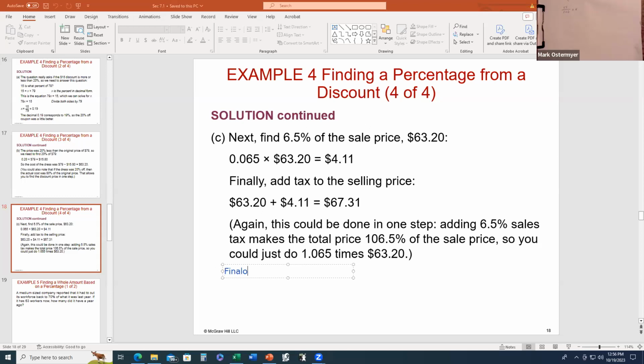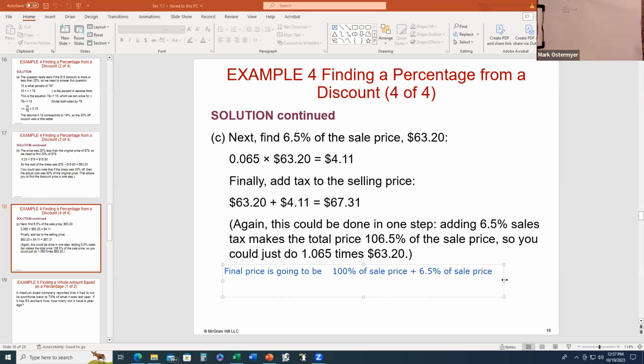The final price is going to be 100% of sale price plus 6.5% of sale price, because they're going to tack on 6.5% sales tax.